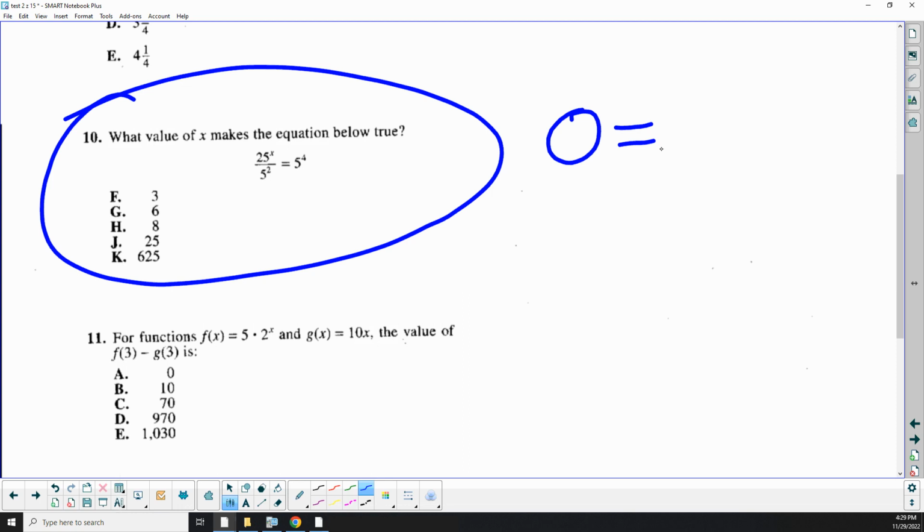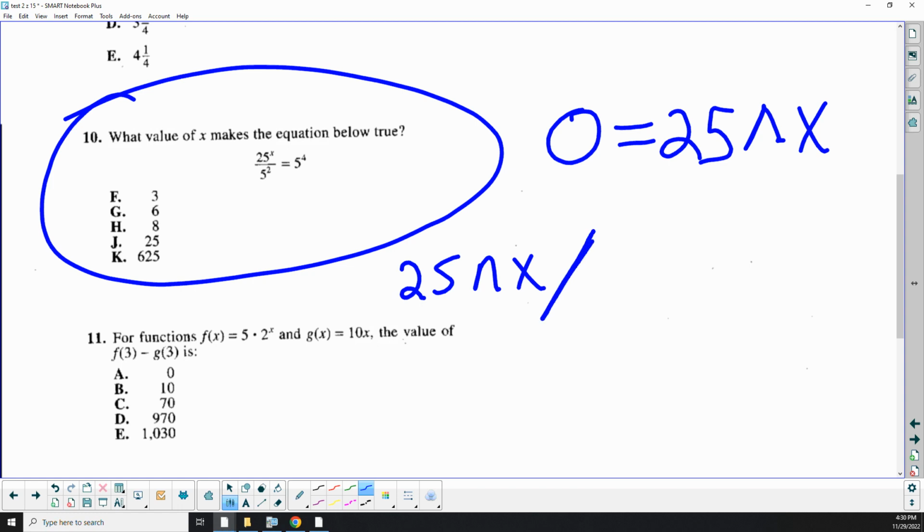Are you there? Now, what you have to do is set the equation to 0. So you would hit 25 caret x over, I'll move down because I'm not going to fit it, 25 caret x divided by 5 caret 2.